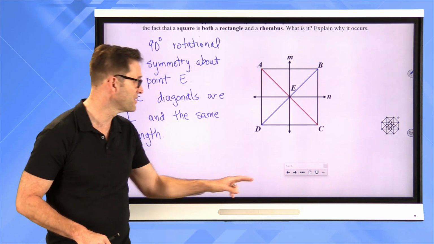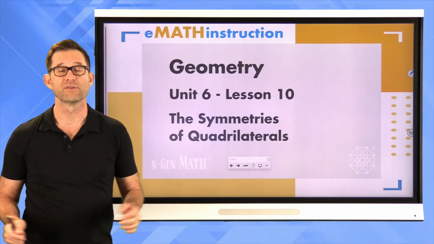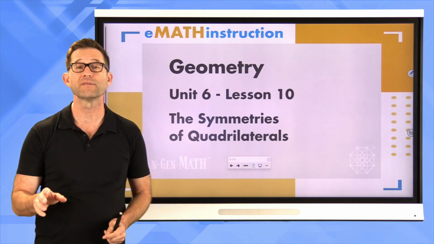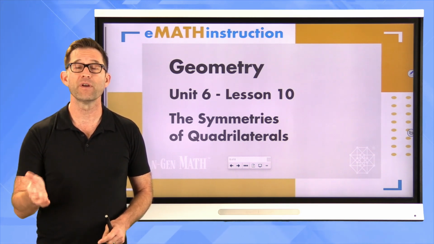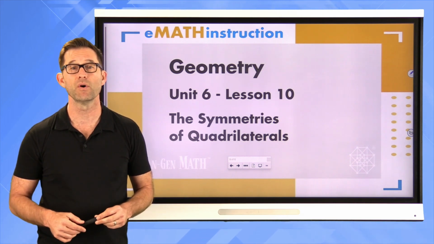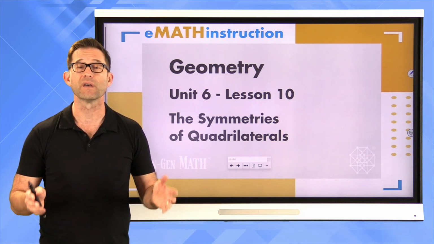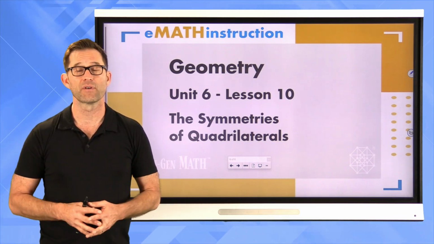All right, let's wrap this up. So what we did today is we reviewed what a symmetry was, right? It's a rigid motion, and for us, those are always going to be line reflections and rotations that will map a figure onto itself. In other words, after you've performed this particular rigid motion, the image that you have is identical to the pre-image. Now, there's a variety of different types of symmetries.